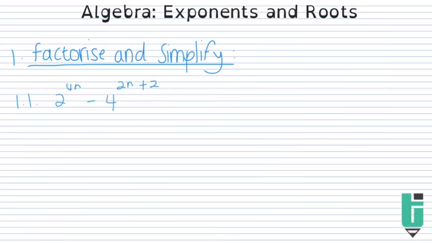So we're going to have to go and factorize. We're going to have to take out a common factor. But looking at these two terms, there isn't really a common factor at the moment. The smallest thing we have is over here, 2 to the power 4n. So looking at the 4 to the 2n plus 2, can we change this or break this down into a simpler form?